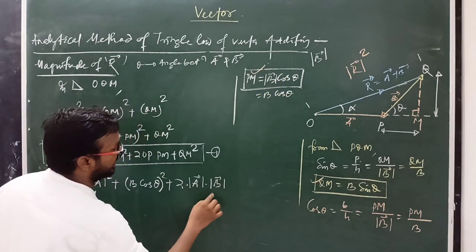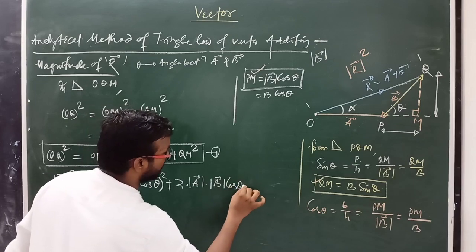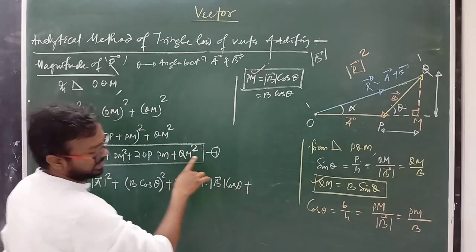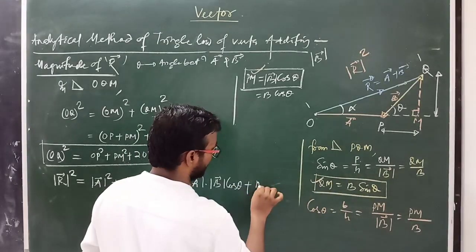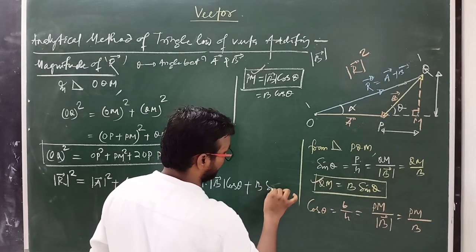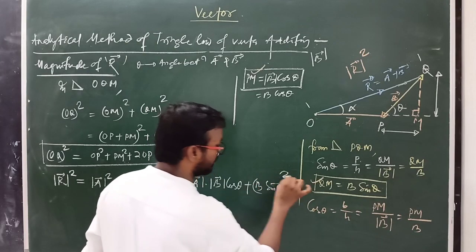Clear? So writing here magnitude of B cos theta, plus QM square, and QM is here B sin theta, whole square.